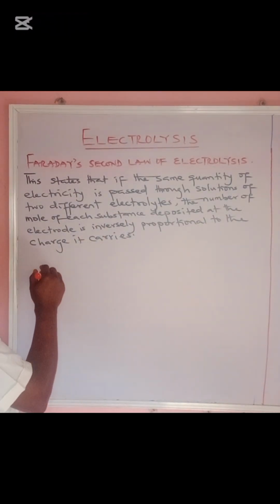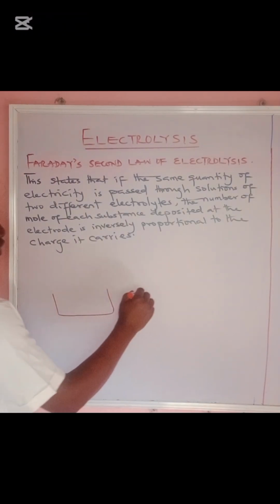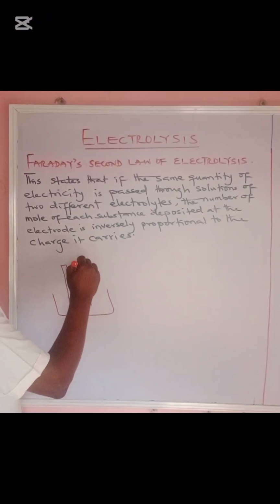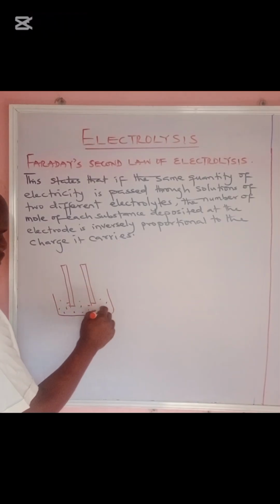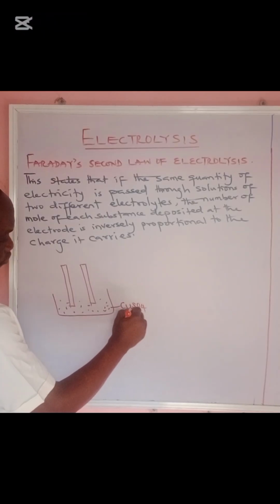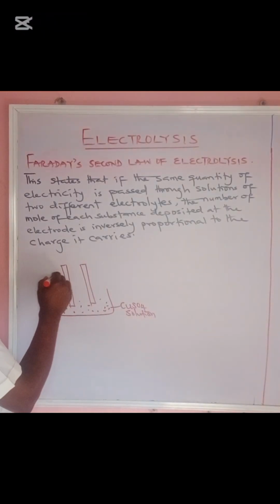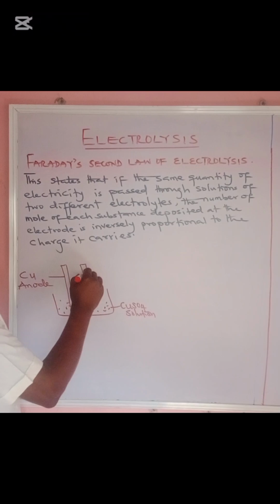Let's see the diagram. Let's say you have two different electrolytes. If you use copper 2 sulfate solution here, you are going to make use of a copper electrode. So let's say copper anode and a copper cathode.